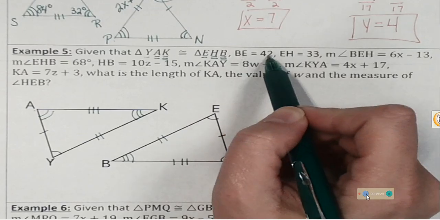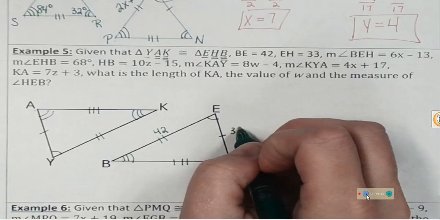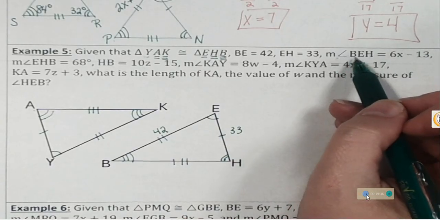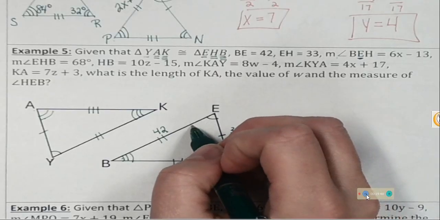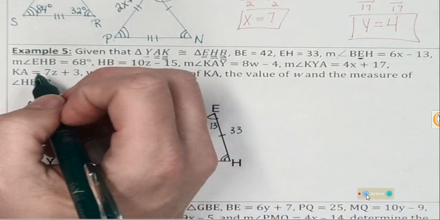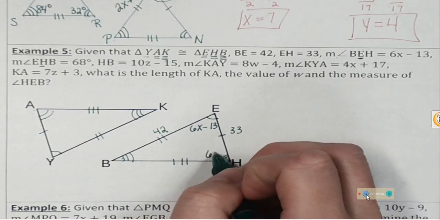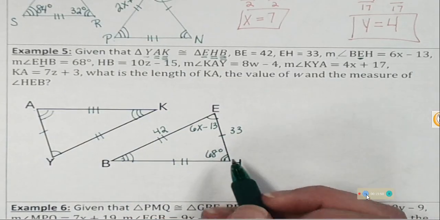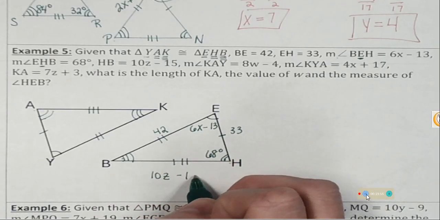From B to E is 42. E to H is 33. The measure of angle BEH is 6x minus 13. The measure of angle EHB, so your vertex is at H, is 68 degrees. Segment HB is 10Z minus 15.